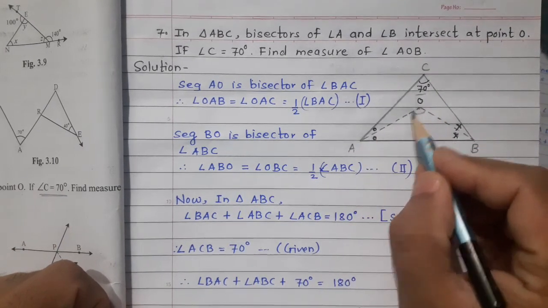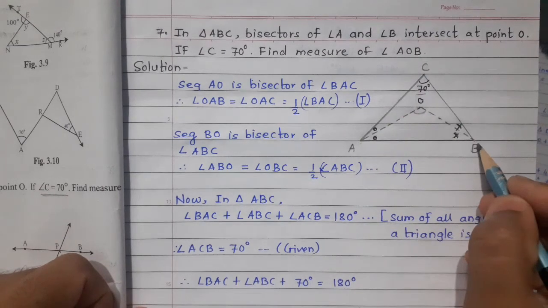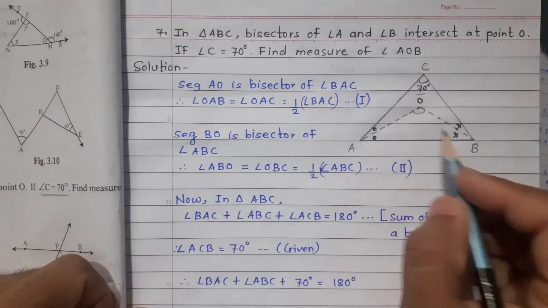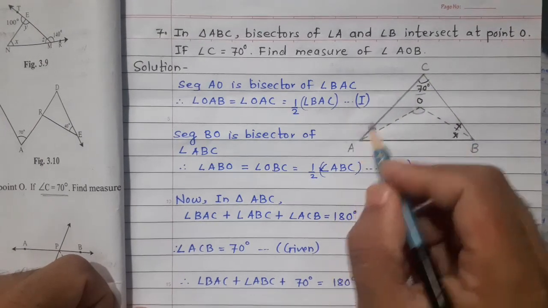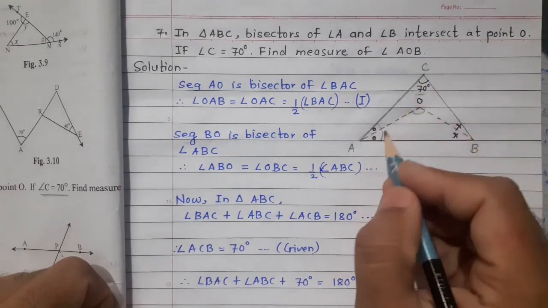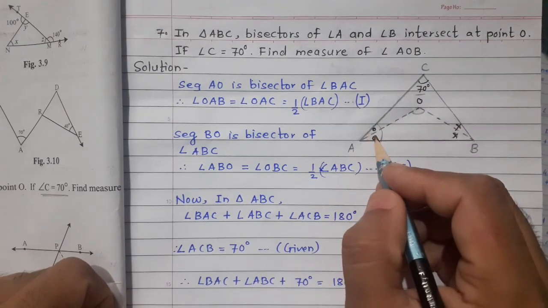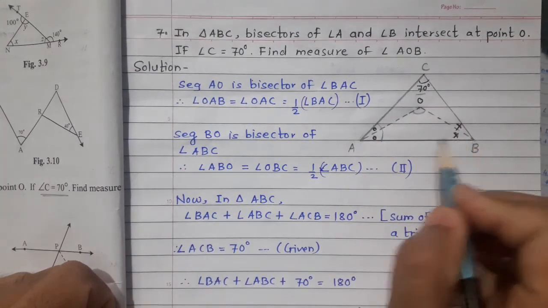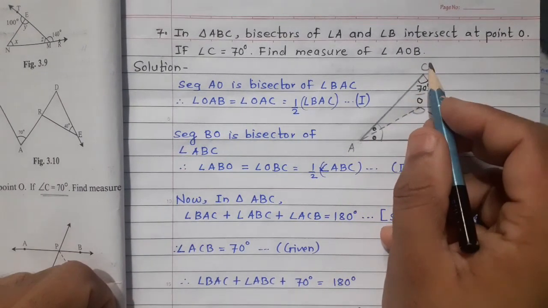See, this segment AO is a bisector of angle BAC. That means angle BAC is divided into two equal parts, angle OAB and angle OAC.